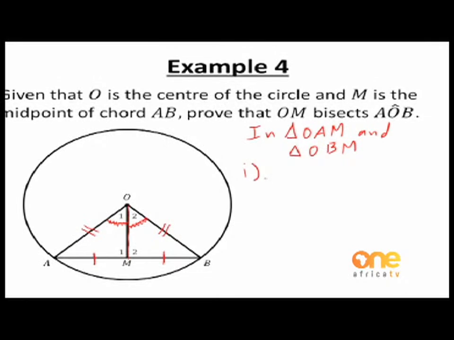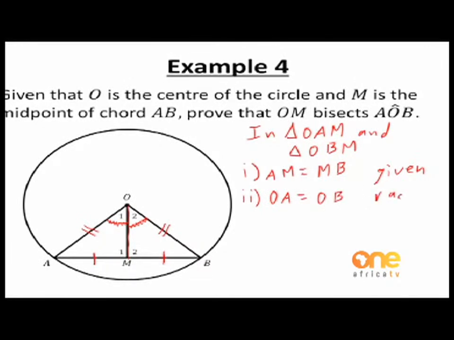First of all, we know that AM equals MB, and our reason is given. It was given in our initial blurb. The second reason for congruency is that OA equals OB.